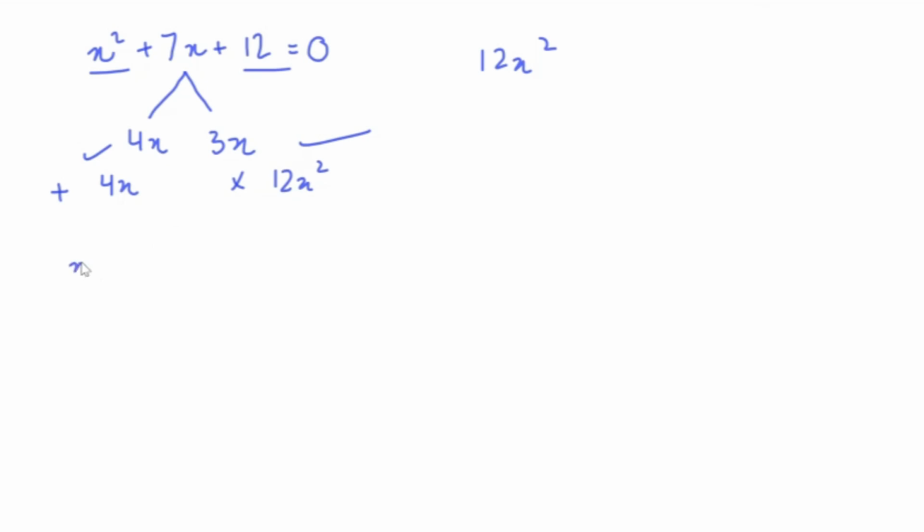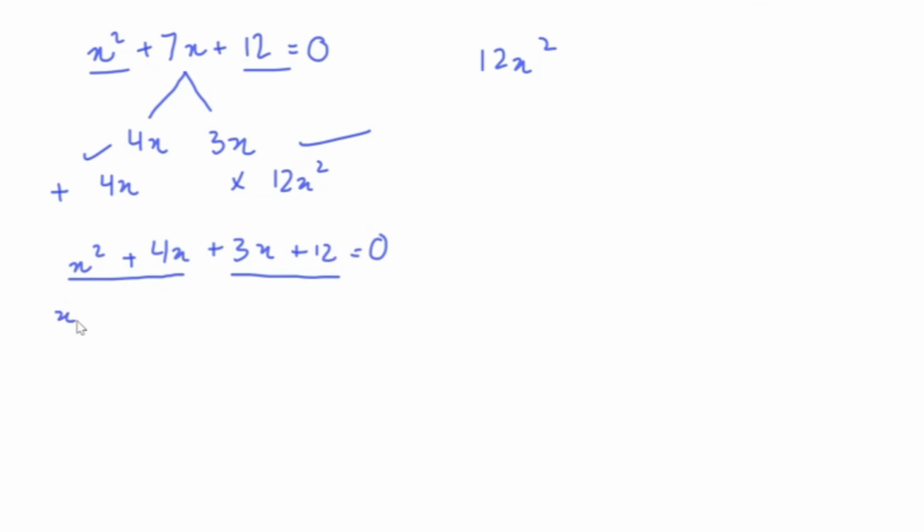Now let's rewrite our equation: x squared plus 4x plus 3x plus 12 is equal to 0. Now let's take the common values from this.